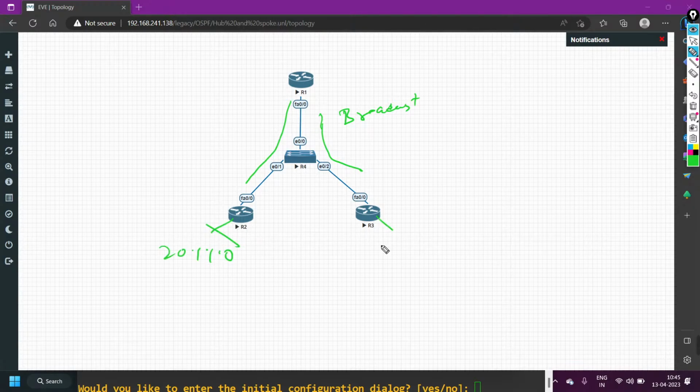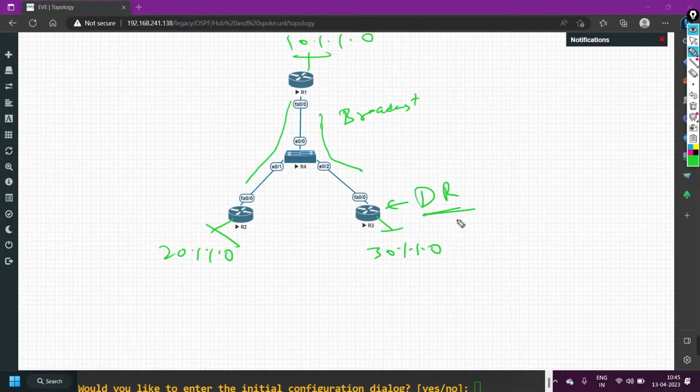Here I am running network 30.1.1.0, and here I am running suppose 10.1.1.0. Suppose this router is my DR, because network type is broadcast. On a broadcast, DR and BDR election will happen, yes or no? So if this router will become DR, this router will share their database with DR router only, yes or no?